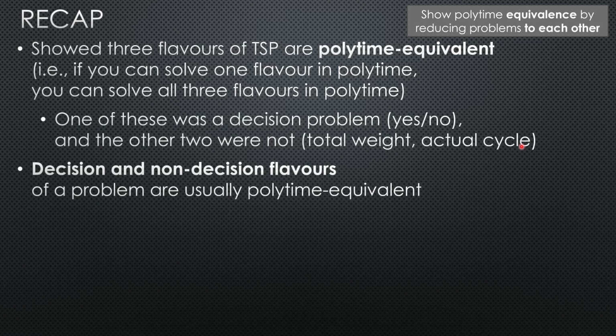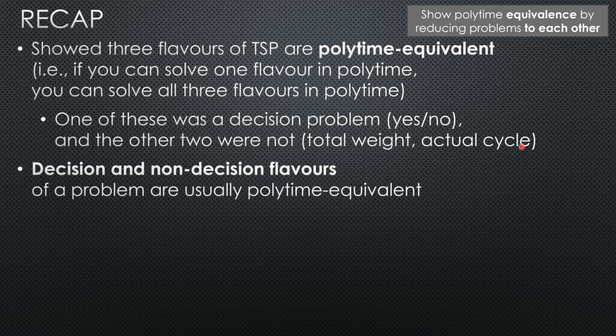Okay, so why is this important? Well, what this suggests is we actually don't need to study the enormous diversity of possible output formats for problems. We don't necessarily need to study all sorts of non-decision flavors for problems. It suggests that we can restrict our attention to the decision flavors of problems in most cases.